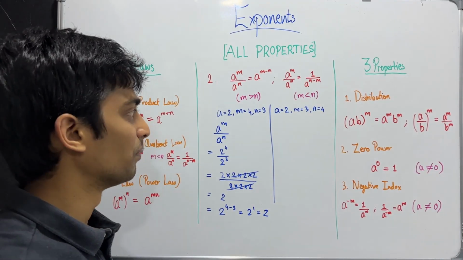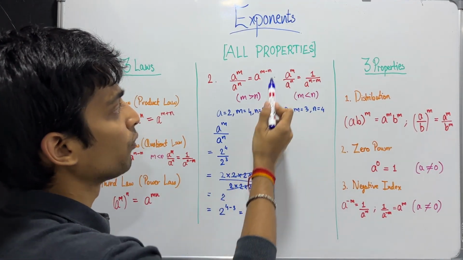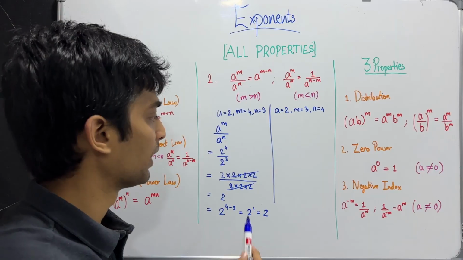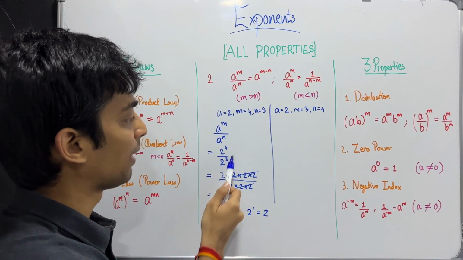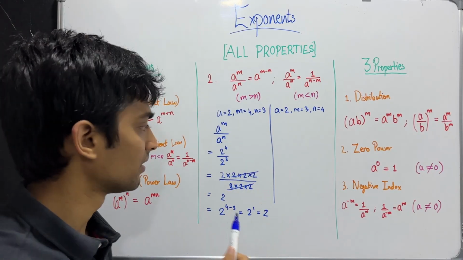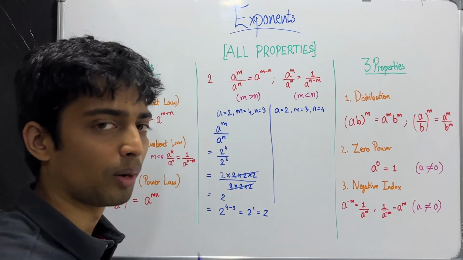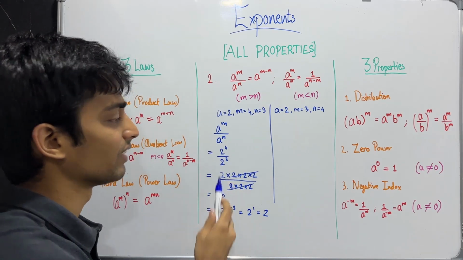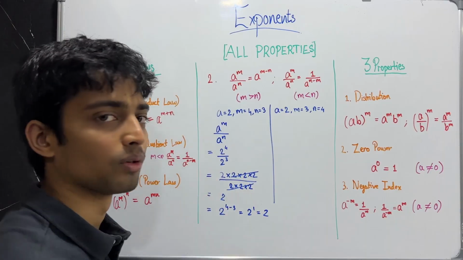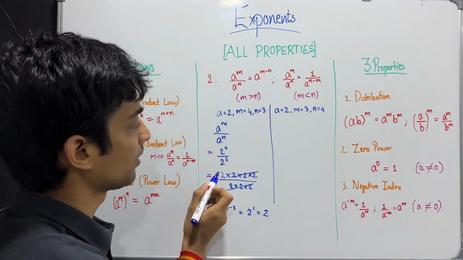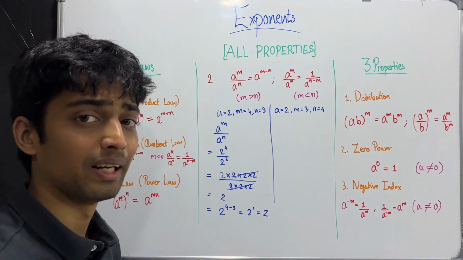Right? So basically, why do we write the minus sign? Because the excess power, wherever it is, so in the numerator it is the excess power, in the denominator there is only raised to 3, so it will get cancelled out, and what is left over, which is 4 minus 3, will be left in the numerator.